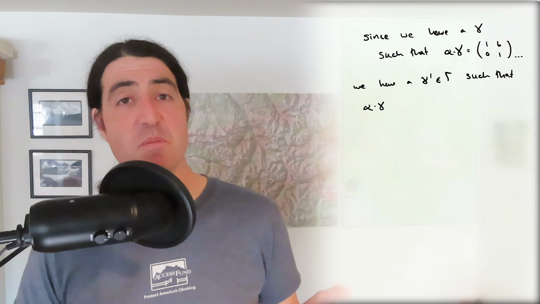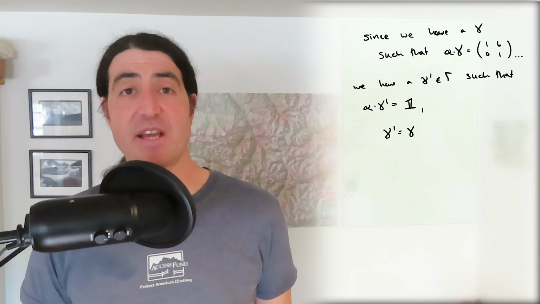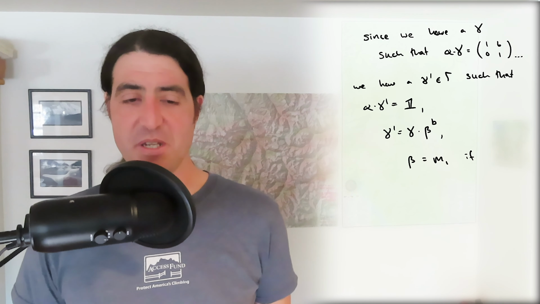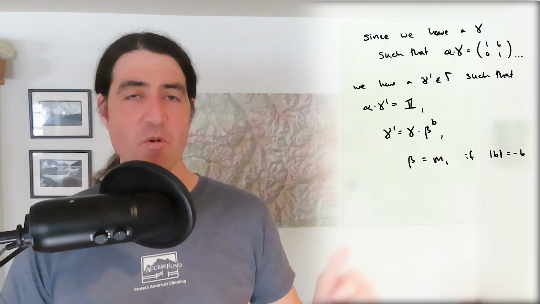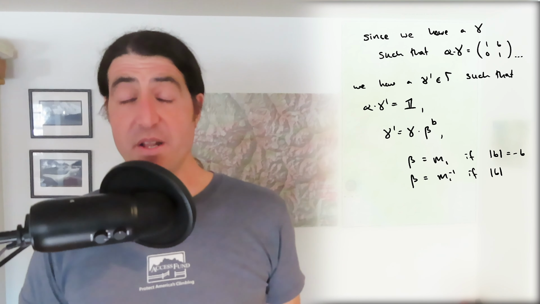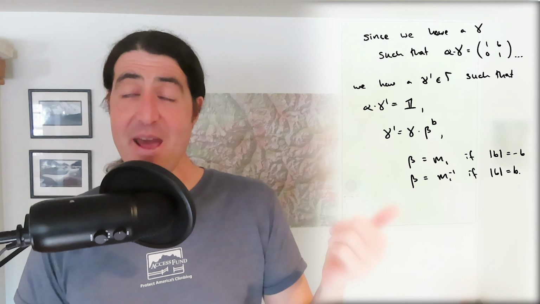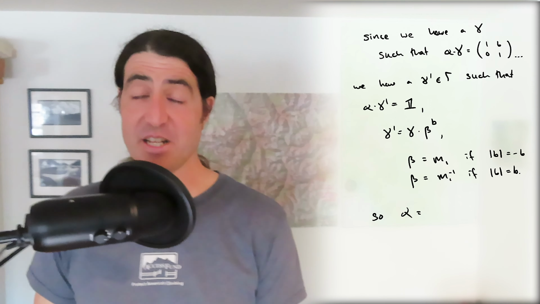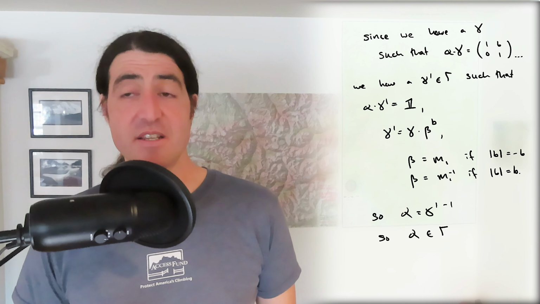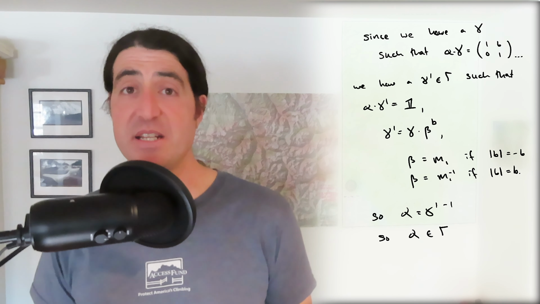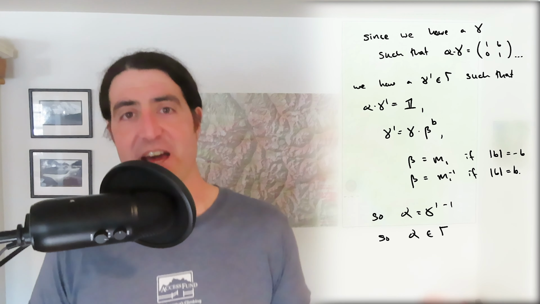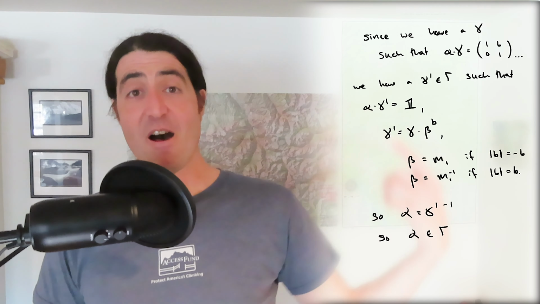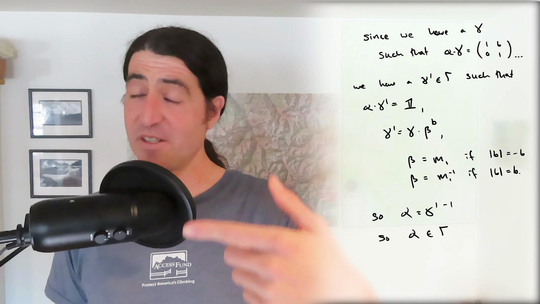Therefore, there exists some gamma prime, say, in capital Gamma, such that alpha times gamma prime is equal to the identity matrix, because all we need to do is multiply one more time by either M1 to the B or M1 inverse to the B, and that will take us to the identity. Great. And as we already observed, because there's such a gamma prime, that means that alpha is the inverse of that gamma prime, which means that because gamma prime is in capital Gamma, alpha is also in capital Gamma, since it's a group.